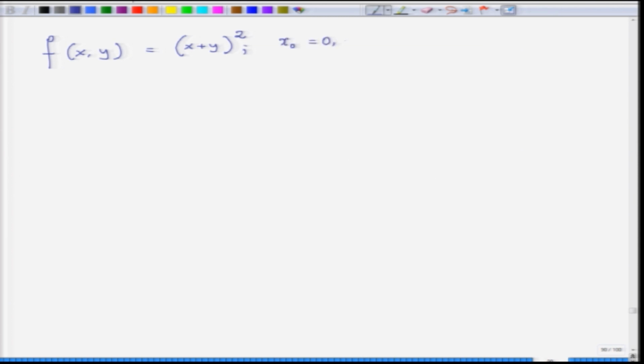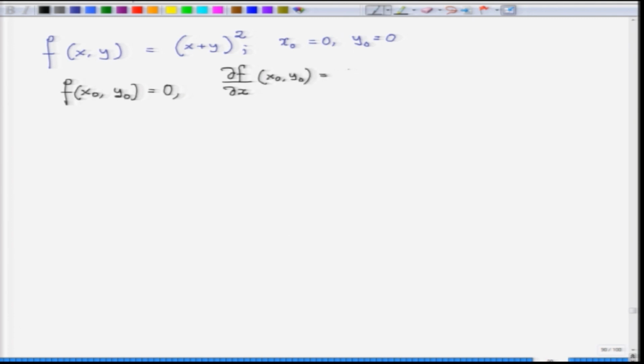So, at x0 equal to 0 and y0 equal to 0, find the value of this. Let us first find a first order expansion. To find the first order expansion, I have to first find f of x naught y naught. F of x naught y naught is 0 in this case, and then I have to evaluate del f del x at x naught y naught, at 0 0.